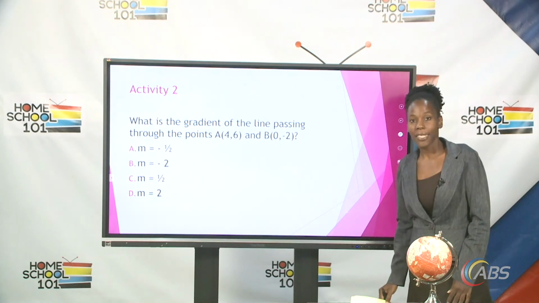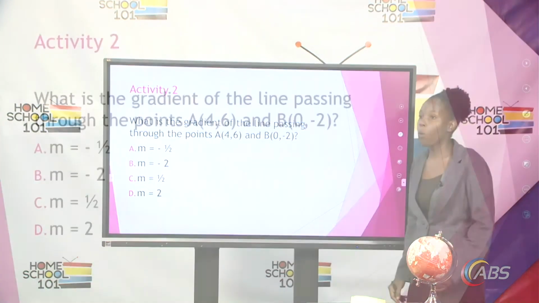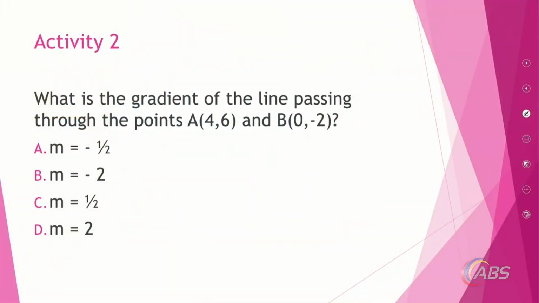So we have a second activity here. What is the gradient of the line passing through the points A, 4, 6, and B, 0, negative 2?